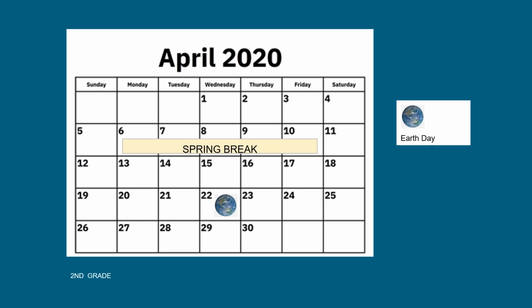What day of the week was the last day of April? Say it out loud. The last day of April was April 30th, which is a Thursday. So the first day of May is going to be on what day?